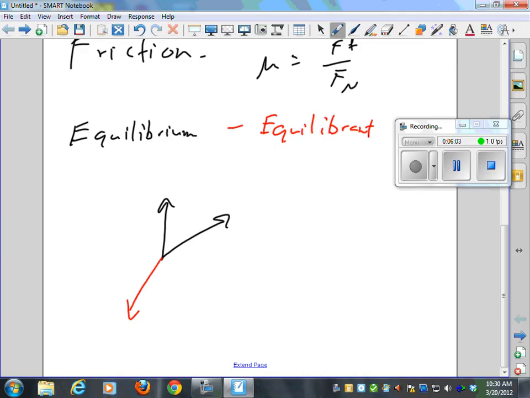If you added them all up, you'd get 0. The vector sum. What is that little thing called in Greek? Sigma. Capital sigma.